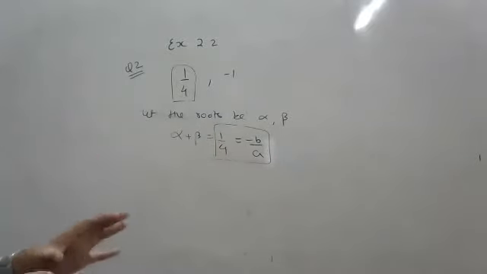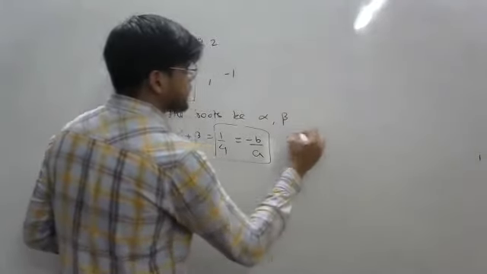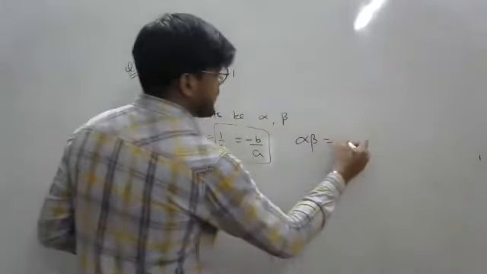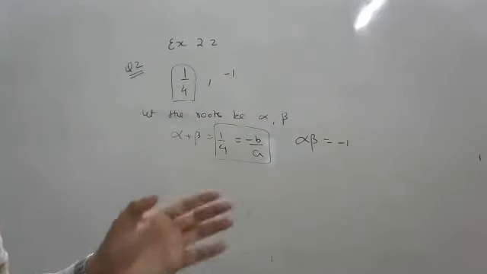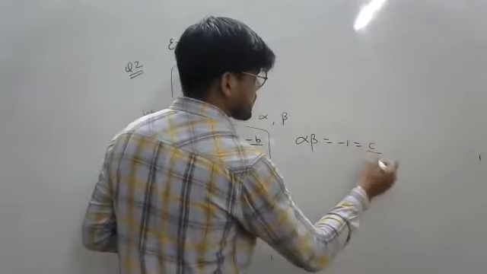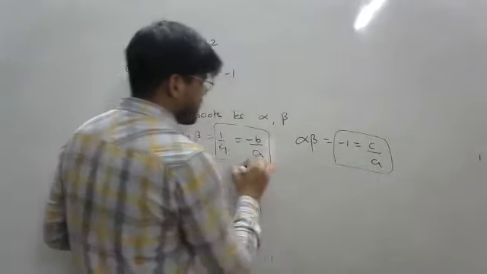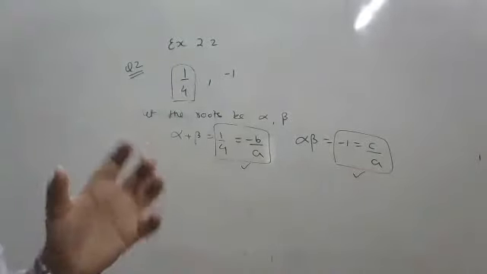We have already solved a lot of questions in this regard. And product of roots is minus 1. We also know that as per the relationship with coefficients, product of roots is nothing but c by a. We have these two pieces of information. Our final goal is to form a quadratic equation.